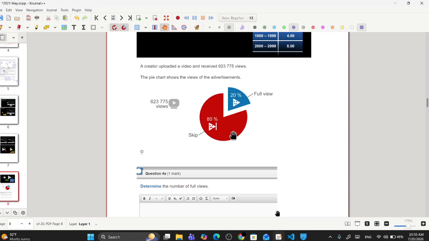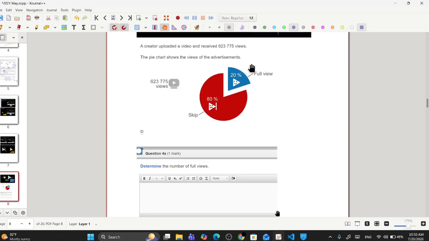Now, automatically, we know that 20% of the total views are full views. So, I can write this as 20 over 100 multiplied by 623,775. If I was to solve it on a calculator, I would get 124,755.